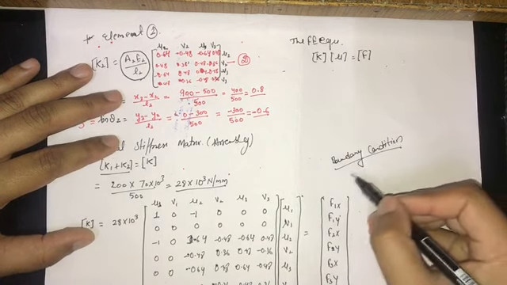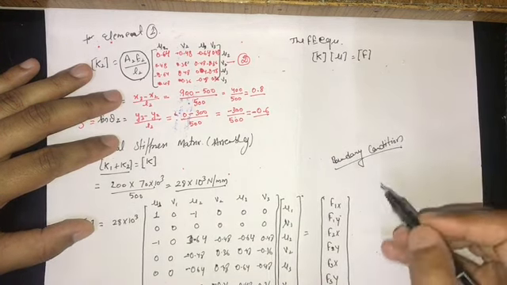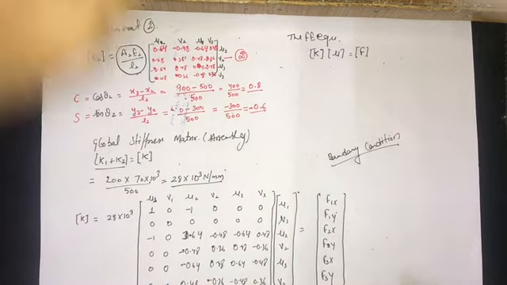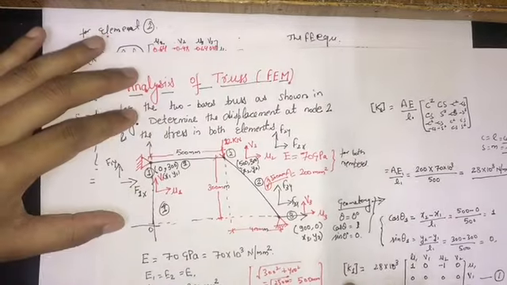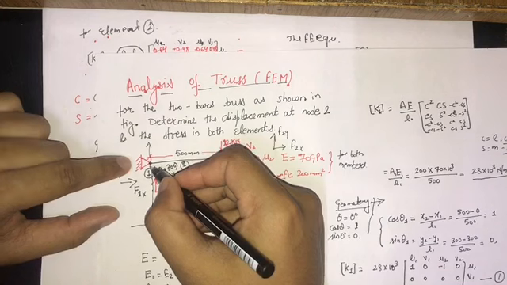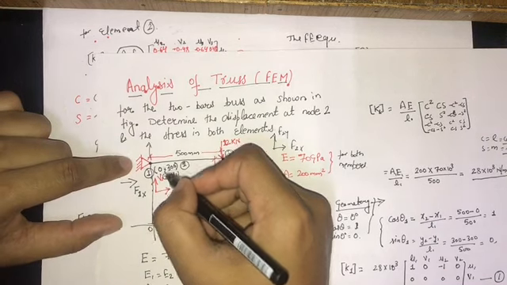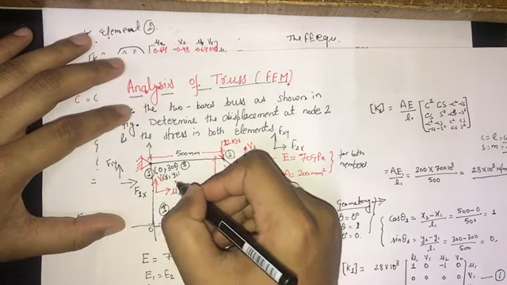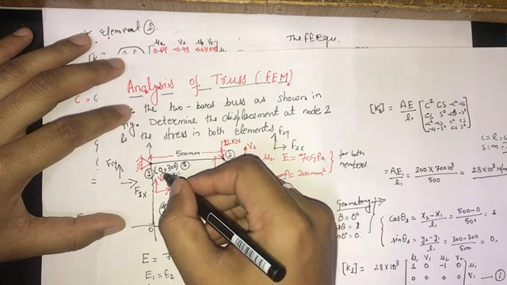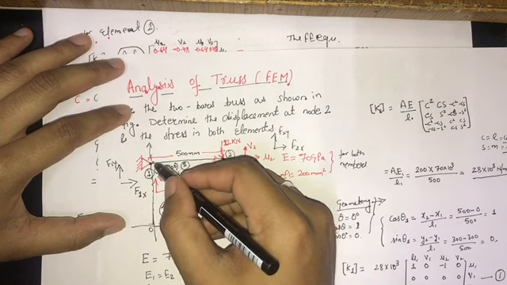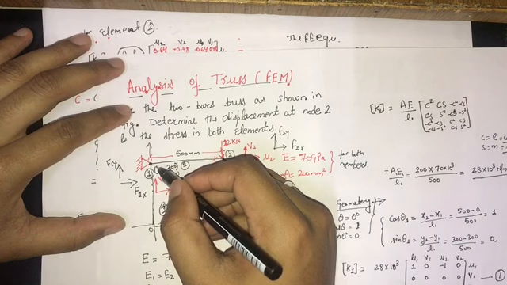So now the boundary conditions. What are the boundary conditions here? At node 1, we have U1 and V1, but here U1 is 0, so there is no horizontal displacement and also no vertical displacement, since it is a hinged support.